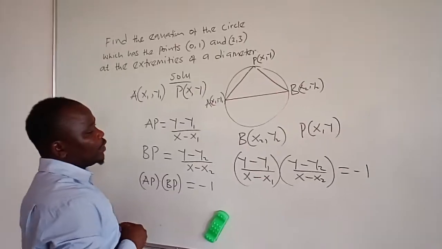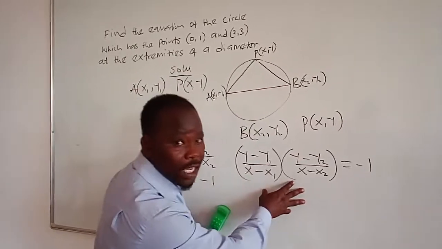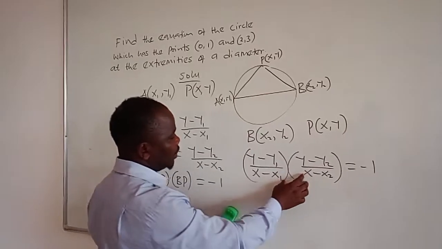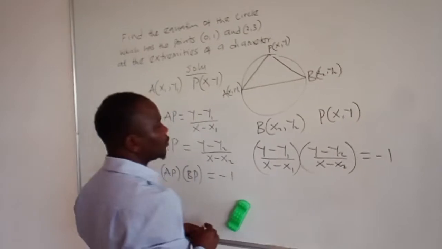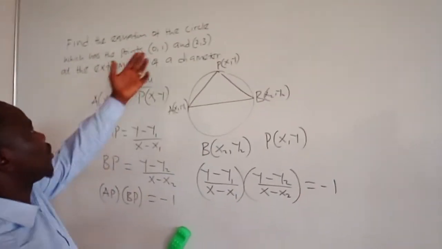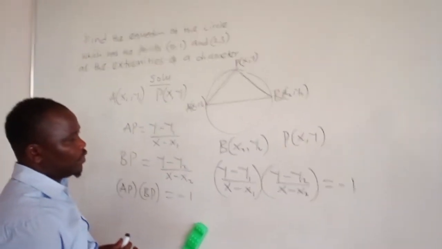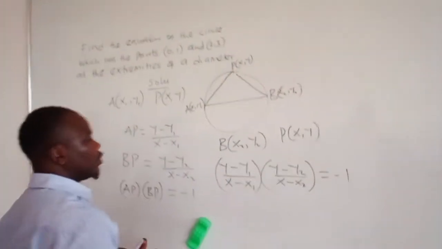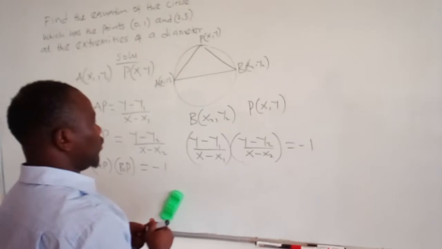So finally, we are going to make use of this formula. This is the formula to obtain the equation of the circle. Is that clear? So let us do it together if you agree with me.